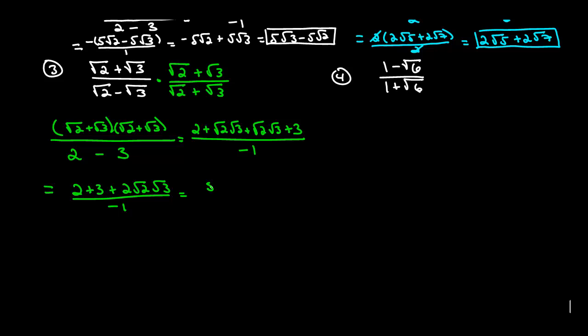So that'll give me 5 plus 2 square roots of 6 over negative 1. And let's just make the denominator positive because that's pretty typical to do. So we'll have 5 plus 2 square roots of 6 over 1. We don't have to write that. So that'll give us negative 5 minus 2 square roots of 6. And that's our final answer.